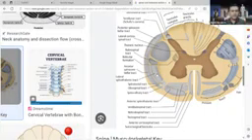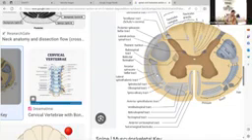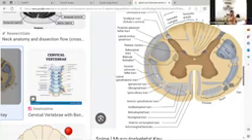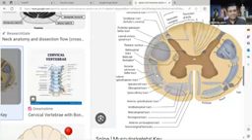Now, the fifth tract is the spinotectal tract. Tactile means touch. These fibers originate from the skin, muscles, and joints and travel to the midbrain through the spinal cord.